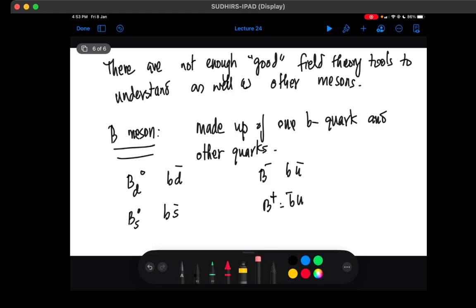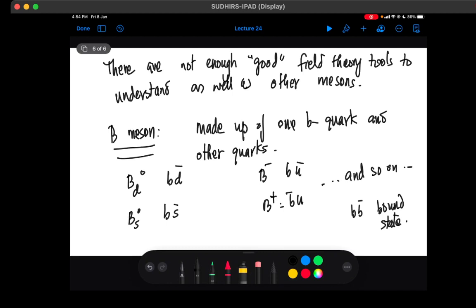Okay, so again anything with one b quark essentially, and then the rest of the other quarks you can form all possible bound states. Of course, you will also have the b b-bar bound state, which is called the upsilon.